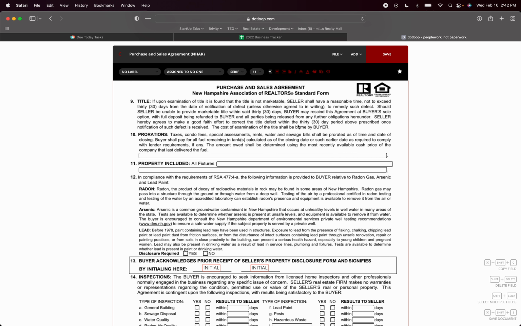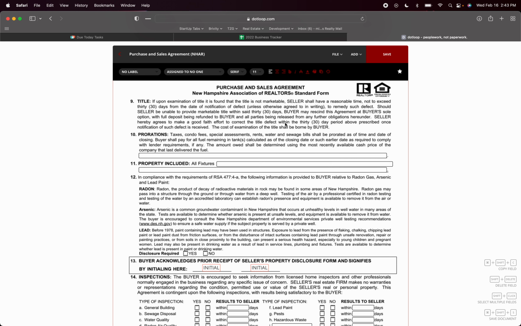So even if that 30 days goes past the closing date, that is written into the contract. They have that 30 days to remedy the issue. So it's an important thing to understand, particularly if an issue is found.